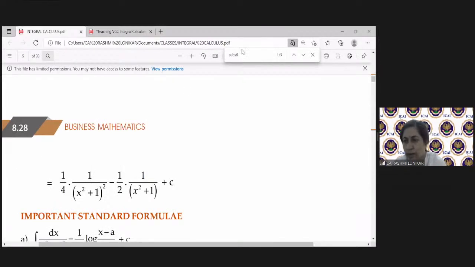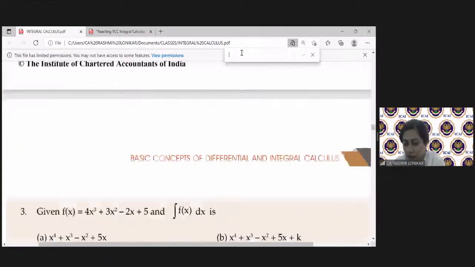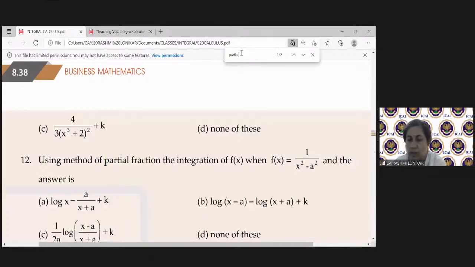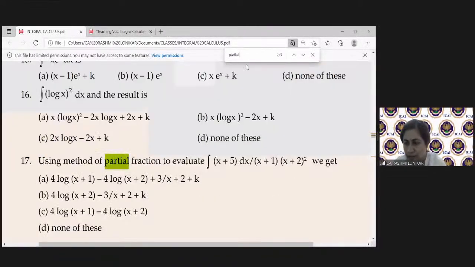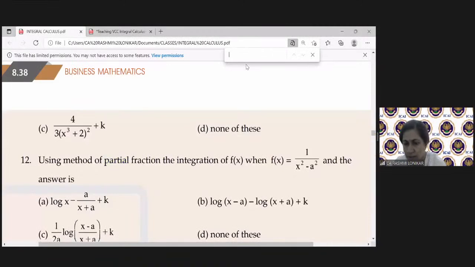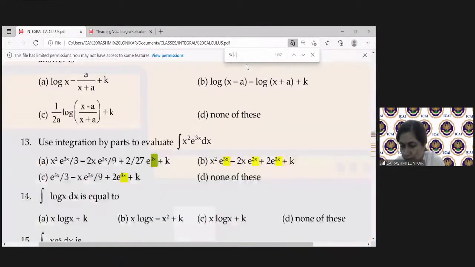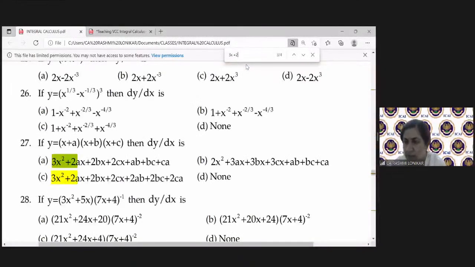Why do I do that? Because I want to simplify this. So what I have done here is this.